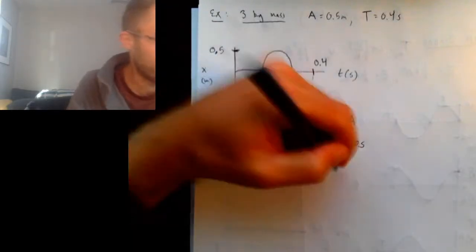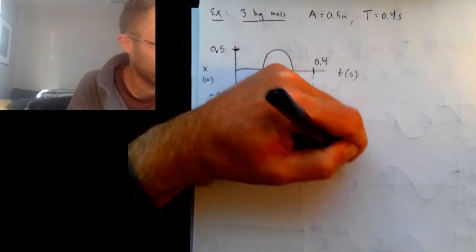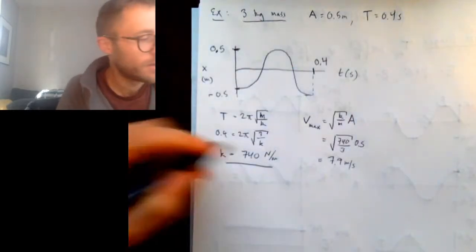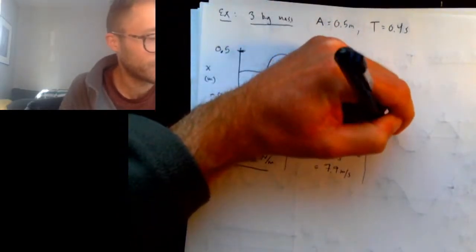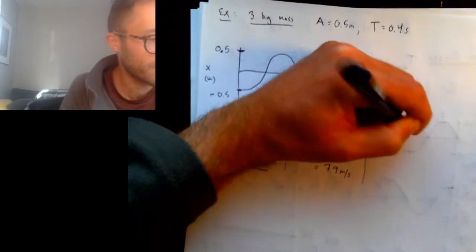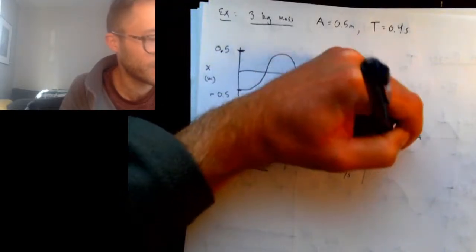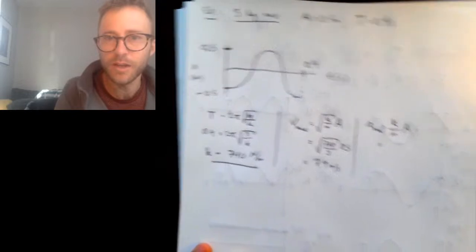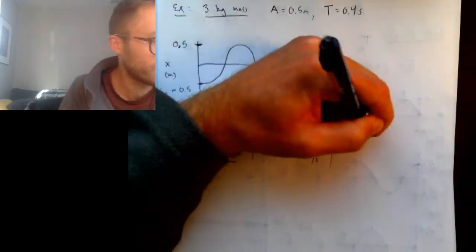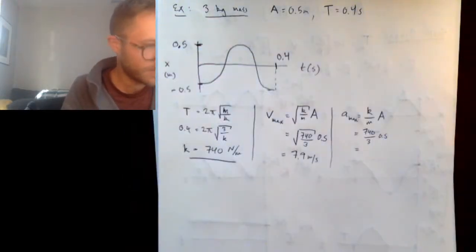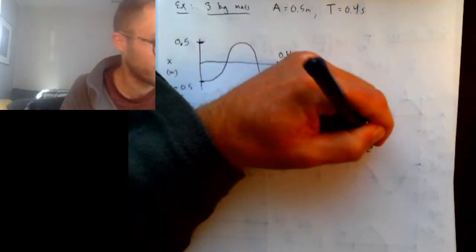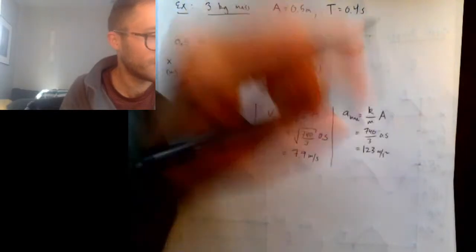So that gives my maximum speed as 7.9 meters per second. Now I will get my maximum acceleration, which is just k over m times amplitude. So not square root of k over m, but k over m times amplitude. 740 divided by 3 times 0.5, which is 123 meters per second squared.